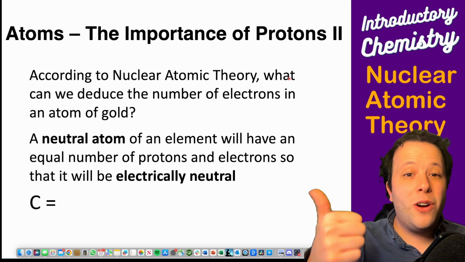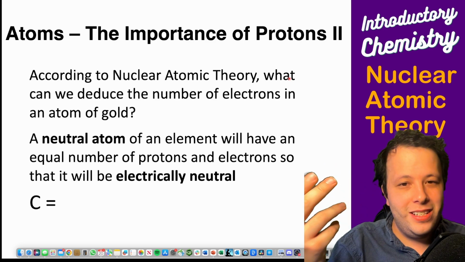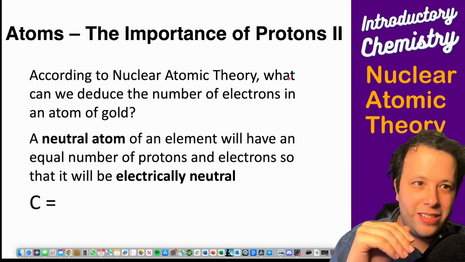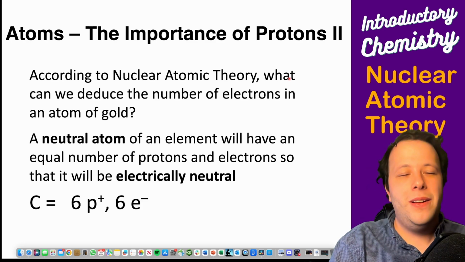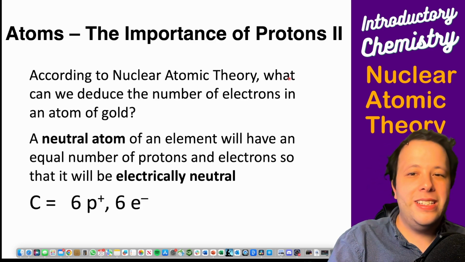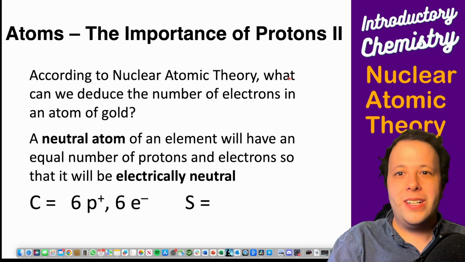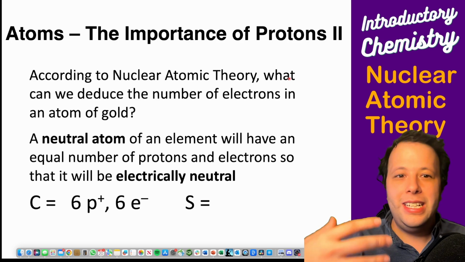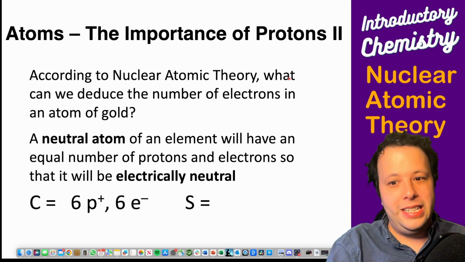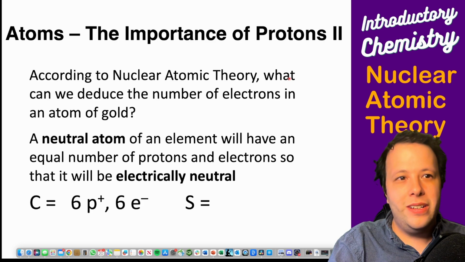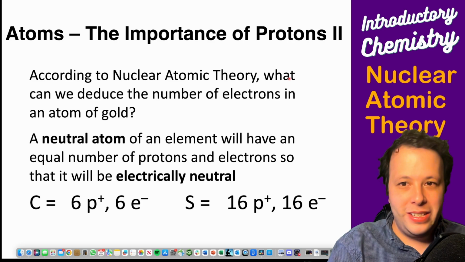If I have carbon, carbon has an atomic number of 6, so it has 6 protons. Therefore, it has 6 electrons because it's neutral. Same thing if I look at something like sulfur. If you look it up on your periodic table, it has 16 protons. So how many electrons would it have? It's 16. And that's how we determine exactly what species we have in all these.